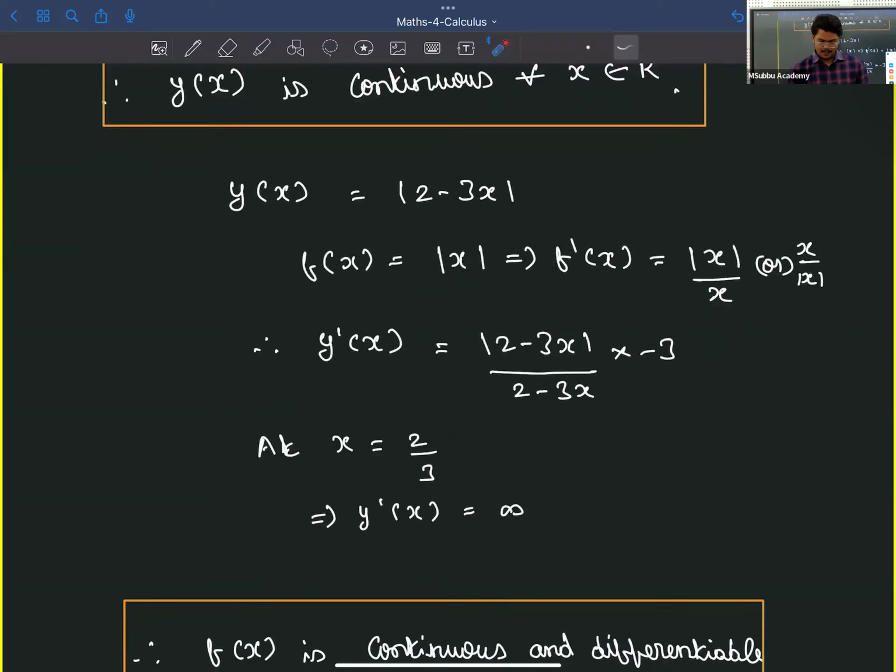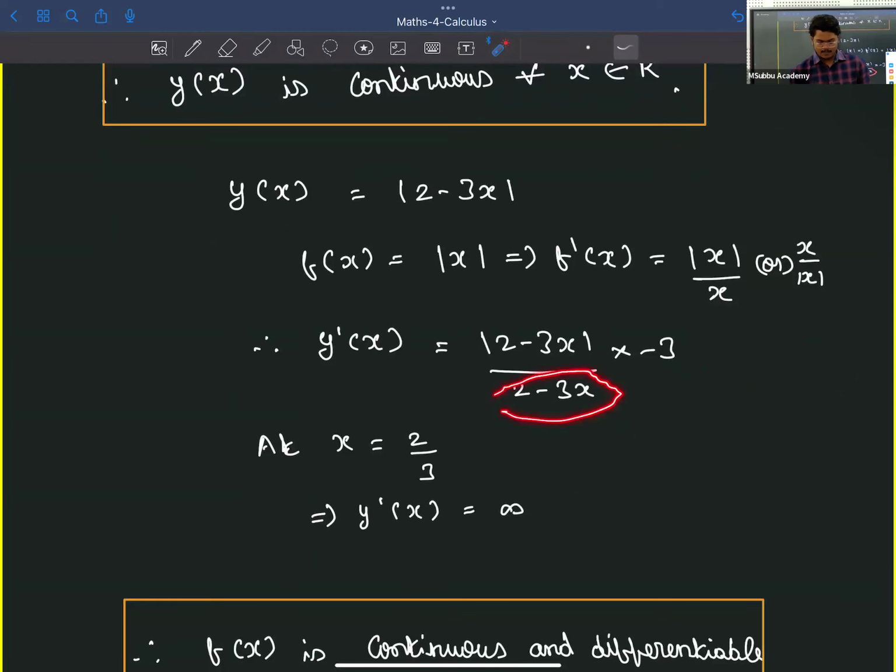When you differentiate that, the denominator can't be 0. When x is equal to 2 by 3, the 3 gets cancelled and 2 minus 2 is equal to 0. So at that point the value of y dash x will be infinity, which is not defined.